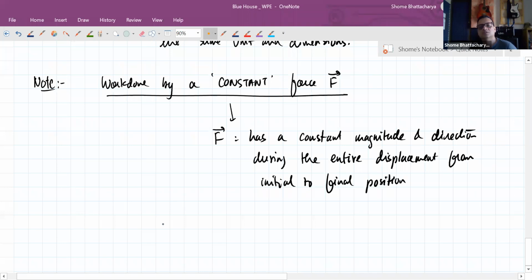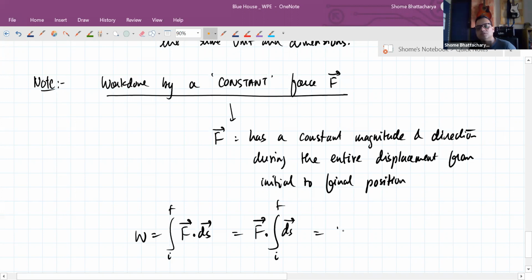So when this happens, the work done, which is defined in general as the integral of F dot ds from initial to final, because the force is constant, becomes F dot the integral of ds. So it becomes F dot s. So the definition of work done becomes much simpler when the force is constant.